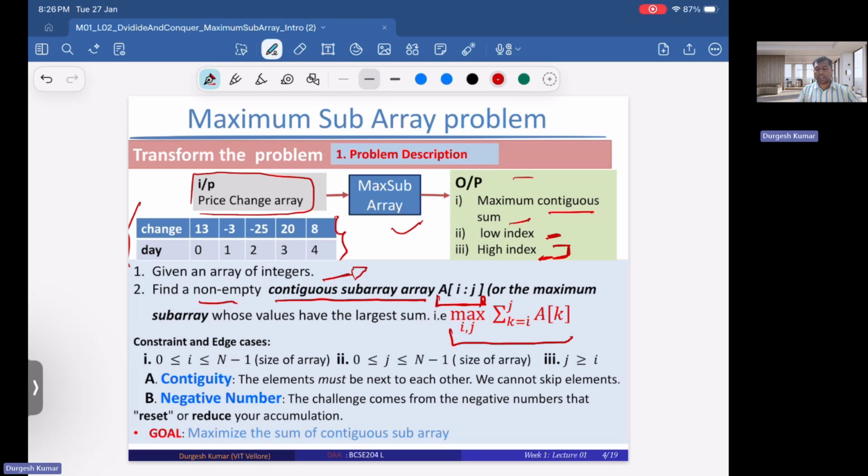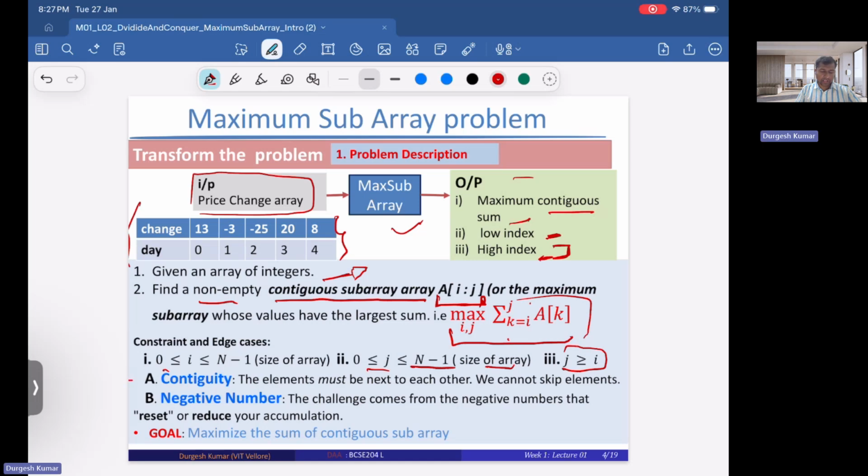So maximize the sum of A_k, k from i to j inclusive. What are the constraints? Both i and j range from 0 to n minus 1, where n is the size of the array. j has to be greater than or equal to i. So these are the constraints.